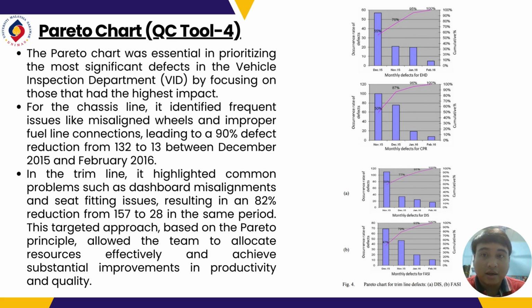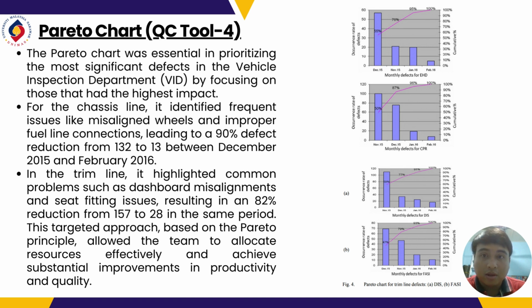For the next slide, I will present the fourth quality control tool, which is the Pareto chart. The Pareto chart was essential in prioritizing the most significant defects in the vehicle inspection department (VID) by focusing on those that had the highest impact.